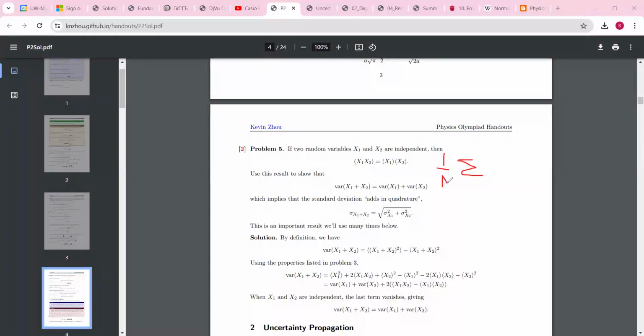You make n measurements, and you sum xi from i equals 1 to n, and that gives your average value, x bar. There are a couple of definitions that I would like to clarify before going forward.